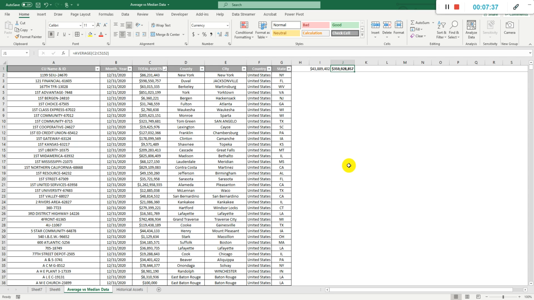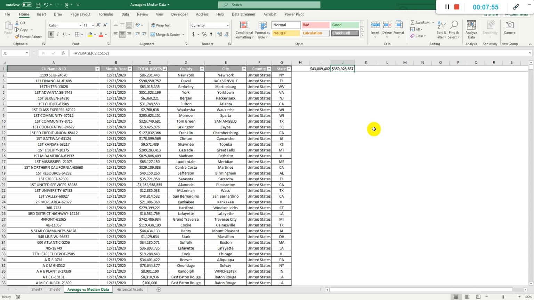If you talk about the average for a credit union, it is 360 millions in assets. It's a big difference when you say that, because the median is 43.